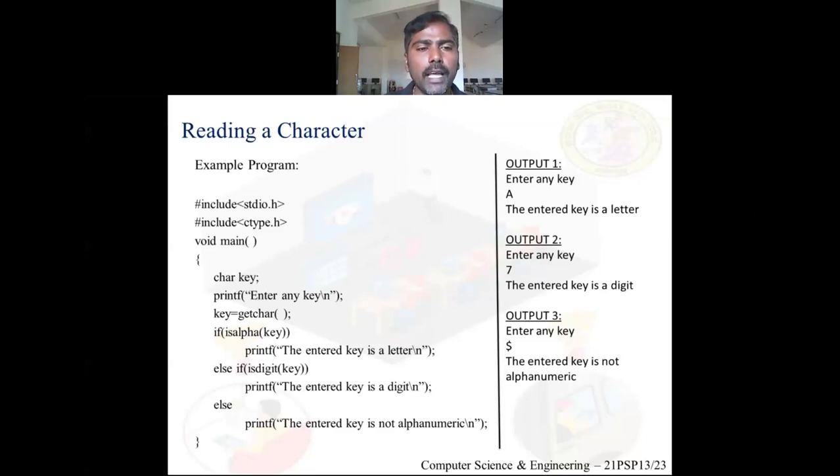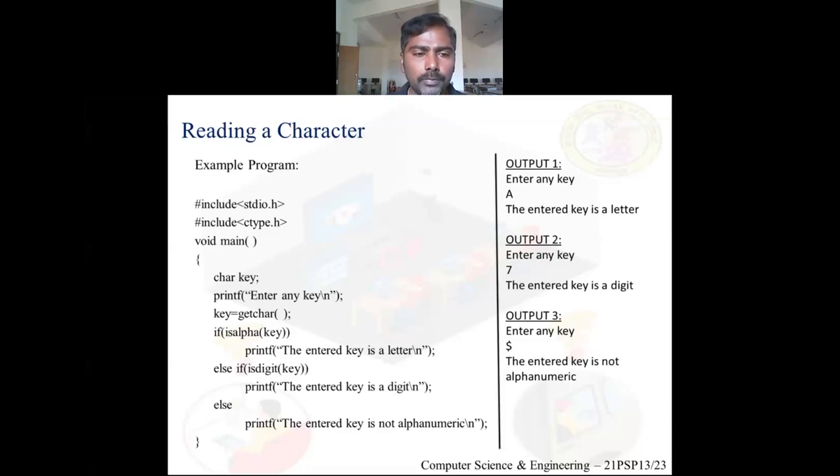This can be done through the declaration statement char key. What does char key do? It reserves 1 byte of memory location and gives it the name key. Now, printf displays a message. When you run this program, there will be one message, enter any key. Now you will press any character.